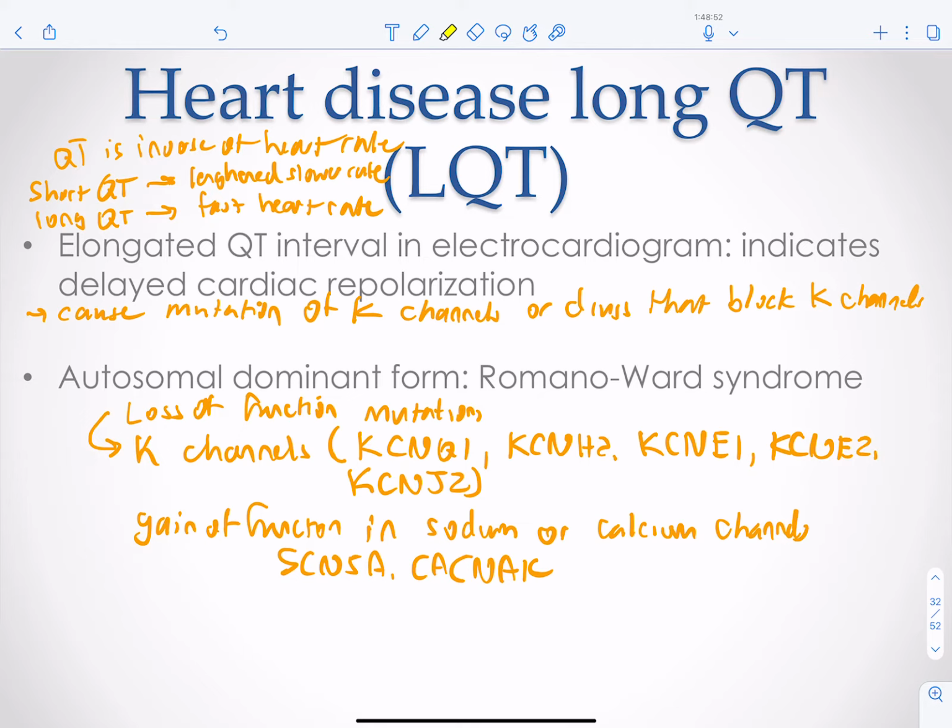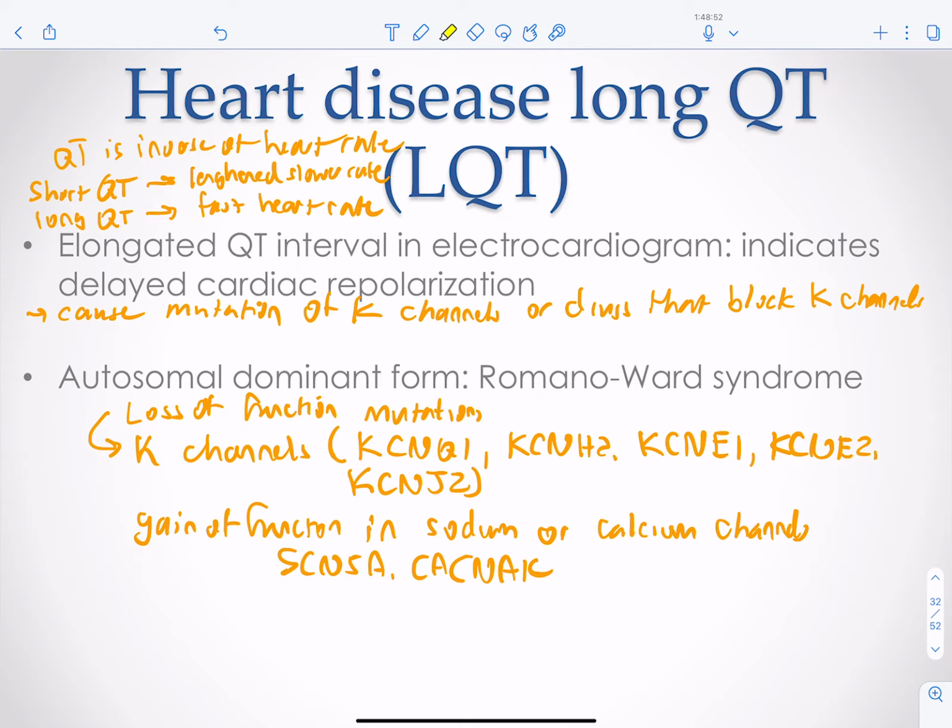Or alternatively, you can have a gain of function of sodium or calcium channels. The sodium channel is the SCN, and the calcium channel has the CACN. And so Romano-Ward, with any of those, either K channels, sodium, or calcium channel defects, is going to cause disruption of the normal rhythm of the heart. So it's going to lead to arrhythmia.